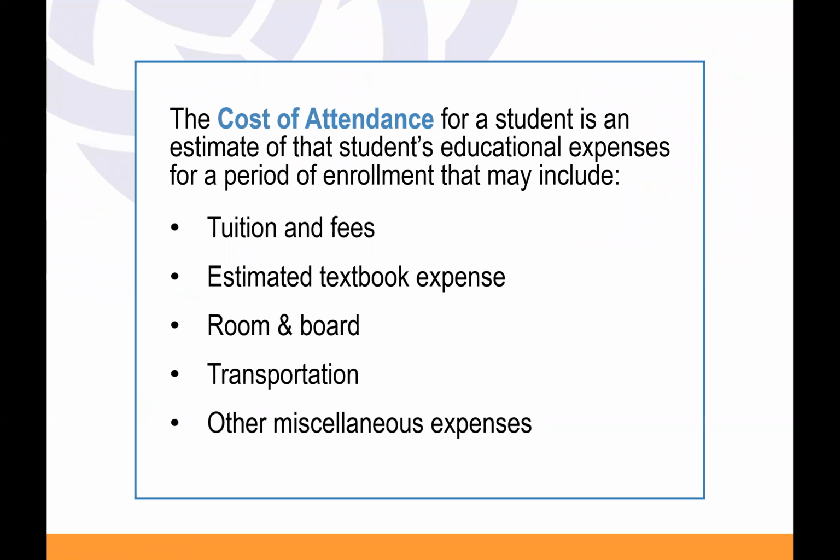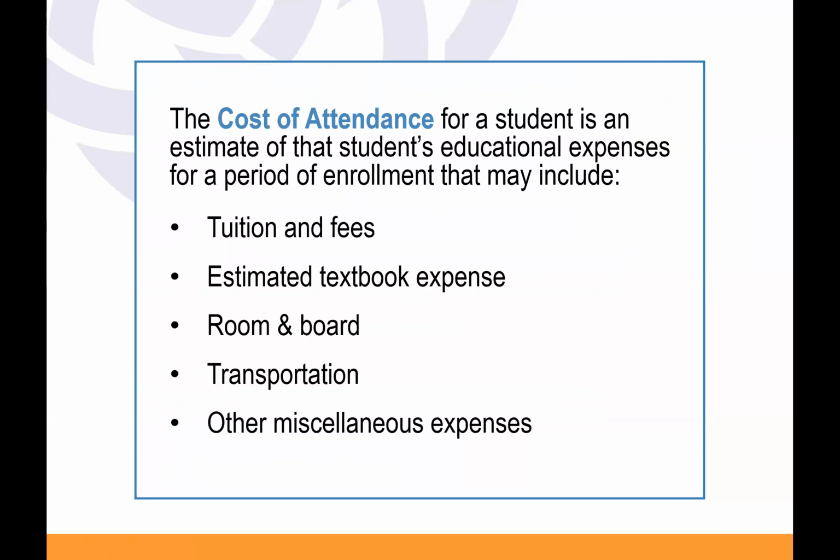The definition of cost of attendance is an estimate of a student's educational expenses for a period of enrollment that may include tuition, fees, estimated textbook expense, room and board, transportation, and other miscellaneous expenses. So cost of attendance is not just the cost of tuition and fees.